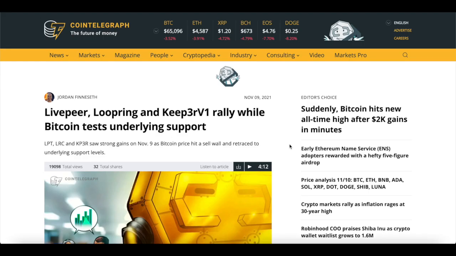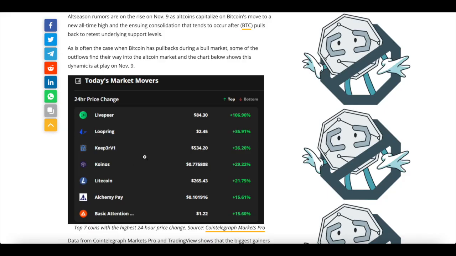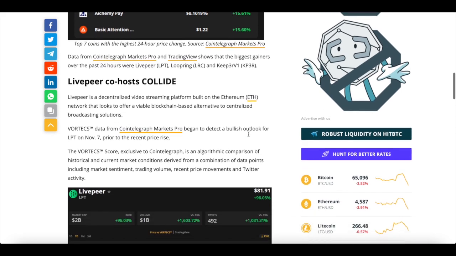The big question on everyone's mind lately is, why is Loopring going up in price? Not just going up, but going up by a lot. Take into account that what you're looking at now is Loopring versus Livepeer, Litecoin, and Basic Attention Token. These are some big cryptocurrencies in the cryptocurrency community in general. In some cases, you are looking at something like 36.9% gains in a given 24-hour period.